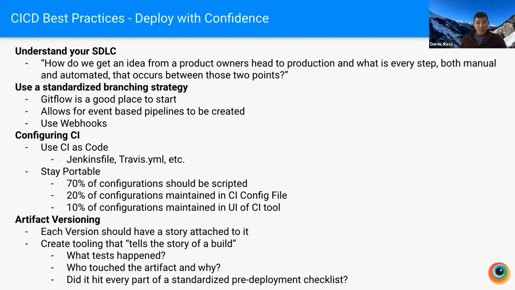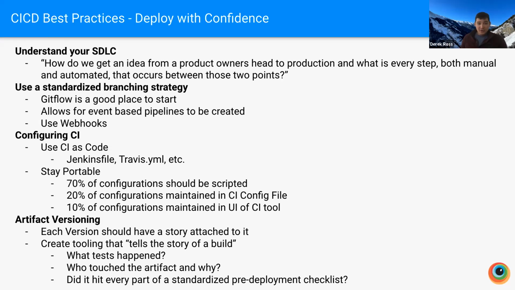But it's a lot more robust and portable if you maintain it as a Jenkinsfile, or if you're using Travis, a travis.yaml, or whatever CI tool you're using, their code configuration option is the best way to go. Whenever a machine goes down, you need to set up a new Jenkins, or you need to execute locally, your job doesn't change and you have all of those automated and manual steps written into a file that creates your pipeline. And then keep that portable.